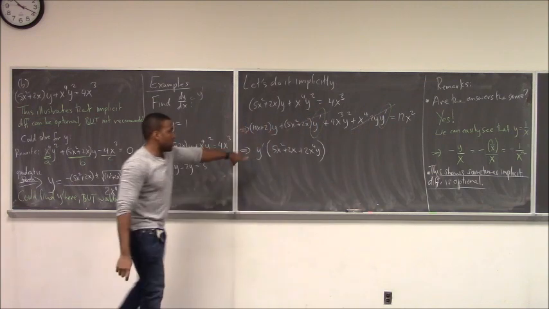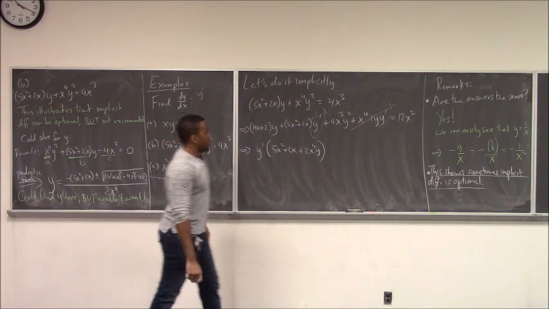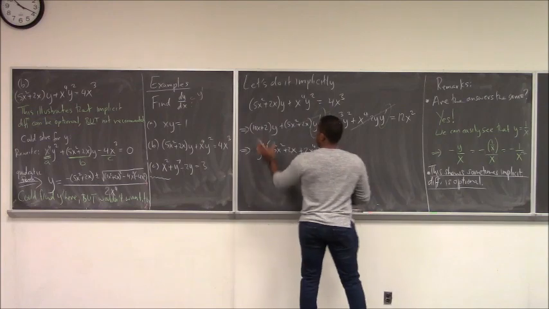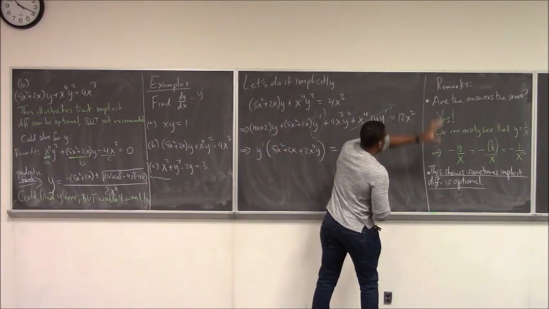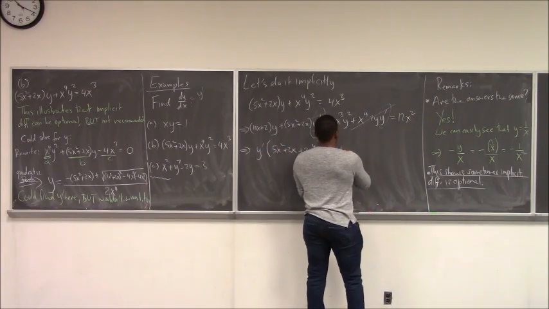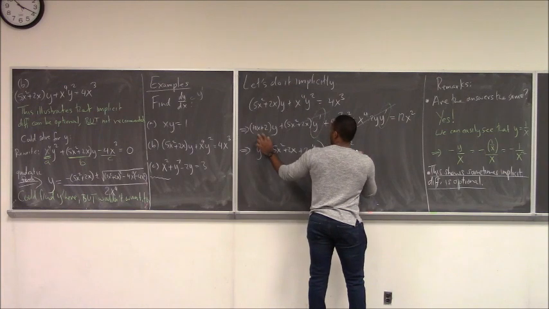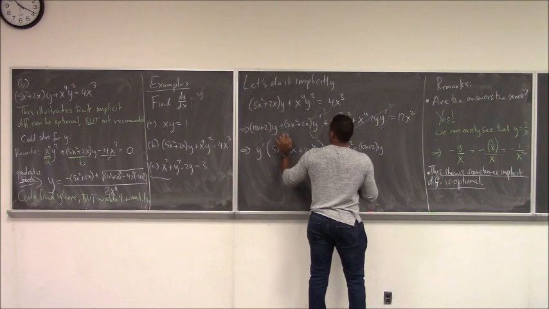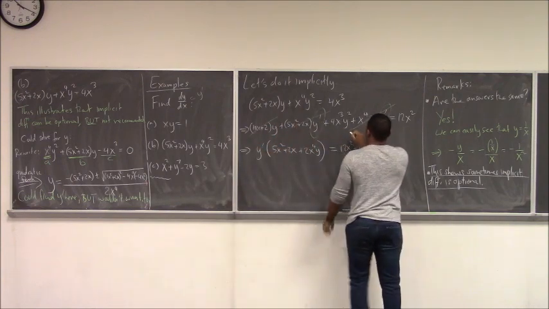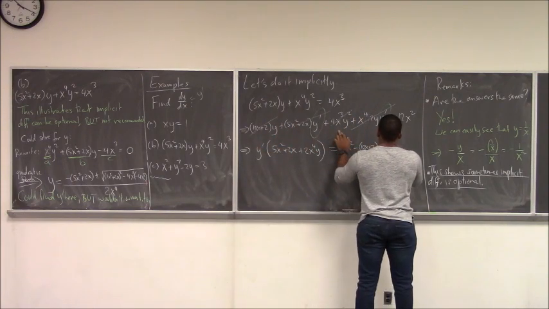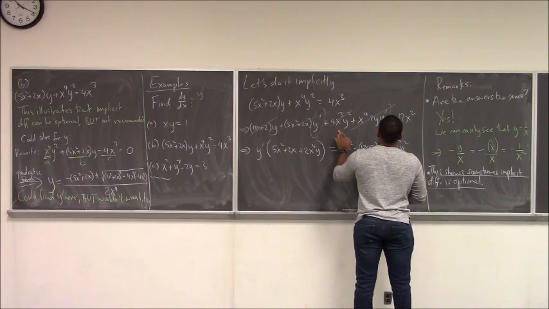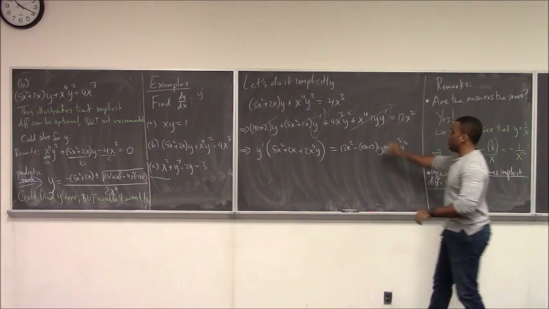By just factoring out a common y prime, what I'm going to do now is take the term without a y prime and move it to the other side. So I have 12x squared minus this guy. That takes care of that. Minus this guy. And that accounts for everyone.